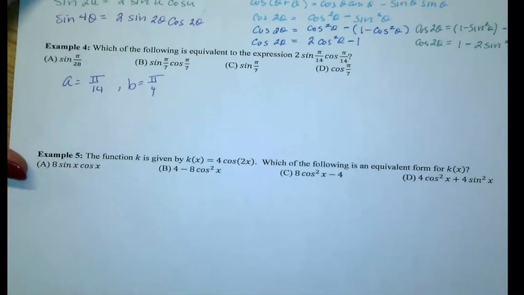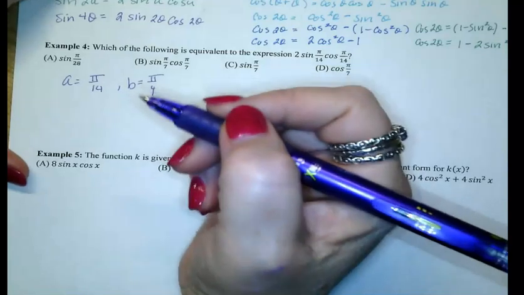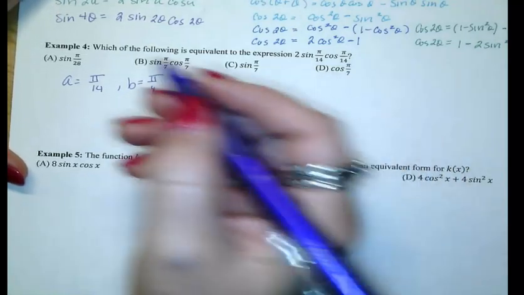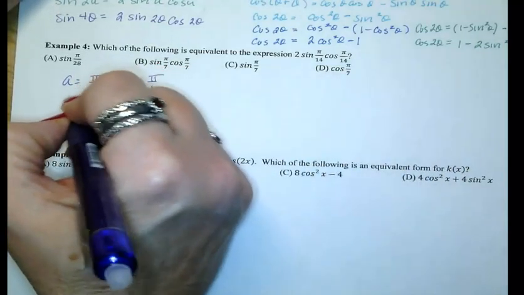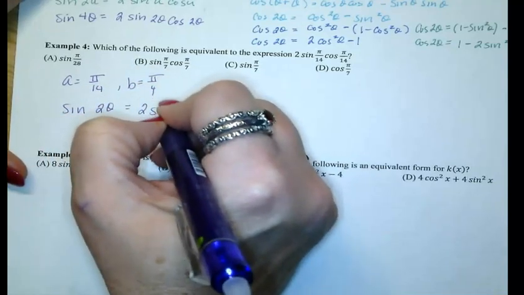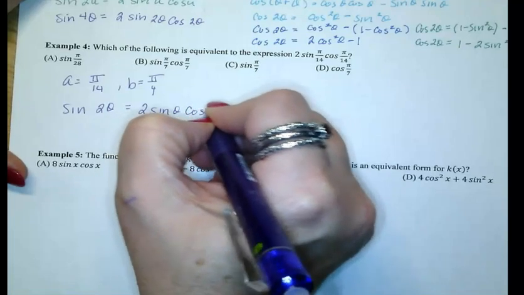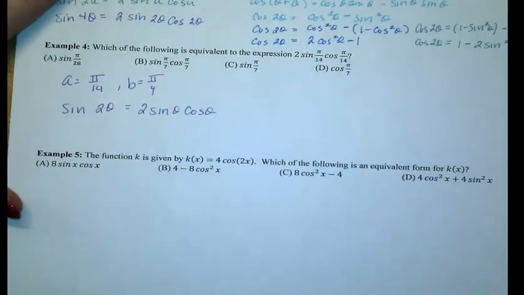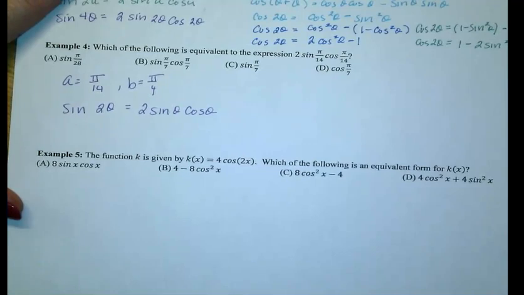So I know that if I use that double angle identity that we talked about, I could say sine of 2 theta equals 2 sine theta cosine theta. So that's the identity that I'm going to use.